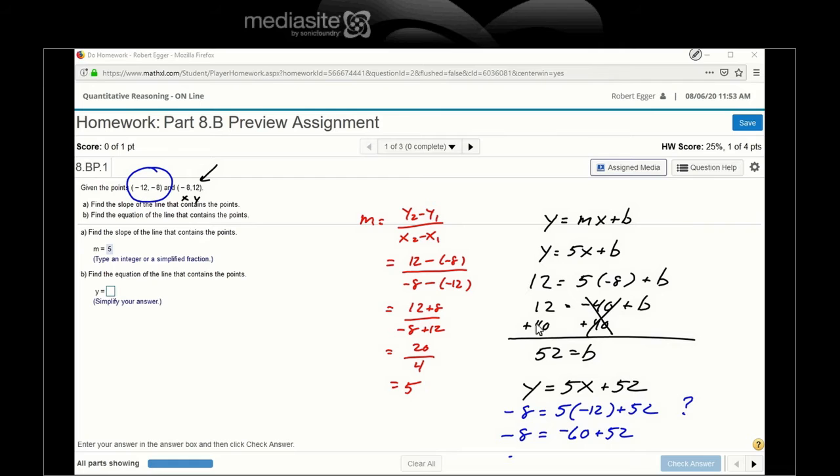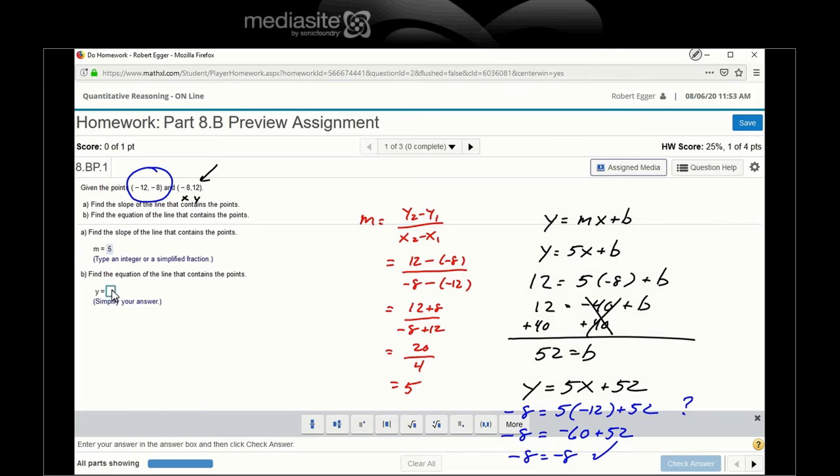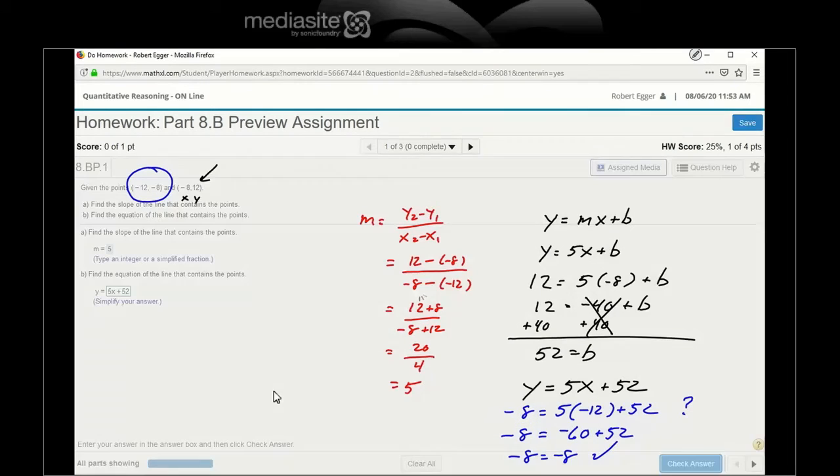Plus 52 is minus 8. Yes, that is a true statement. So y equals 5x plus 52, and that is correct.